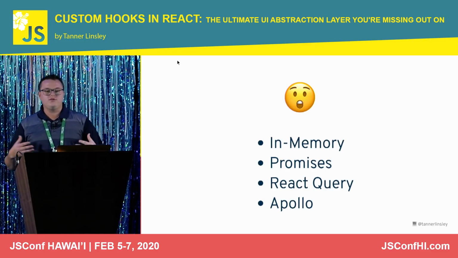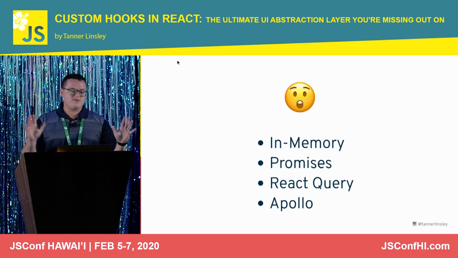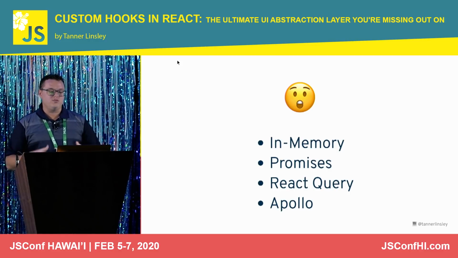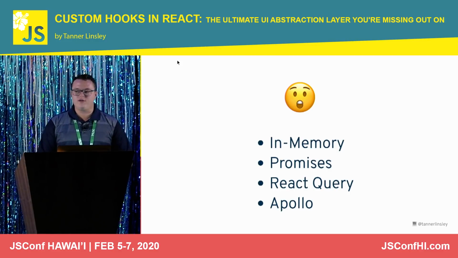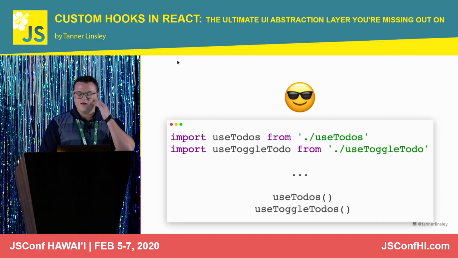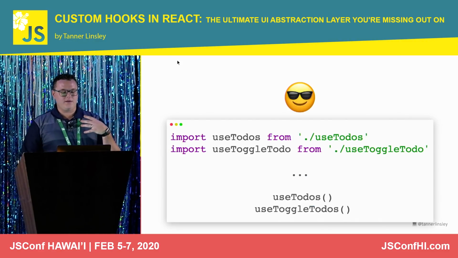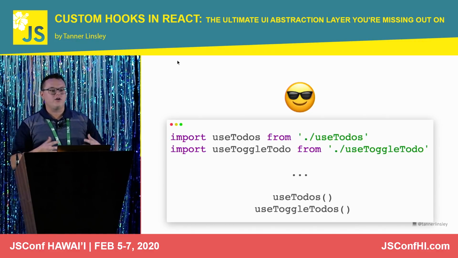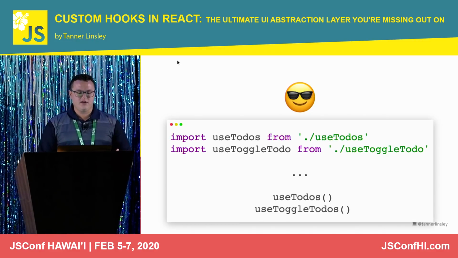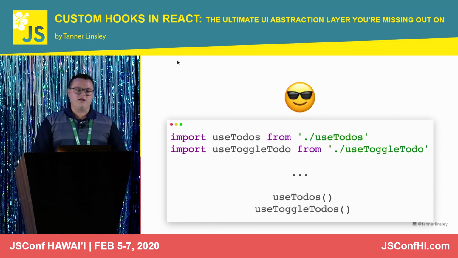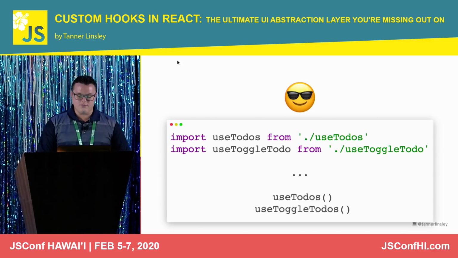So we were able to, just in the last 5 minutes, wow, go from in-memory management of our data to promises to React Query and Apollo. We could probably even move to Relay if we wanted, all because we're using this pattern of creating our own custom hooks to abstract our own business logic in our apps away from our components to make them smarter and to make them more reliable.